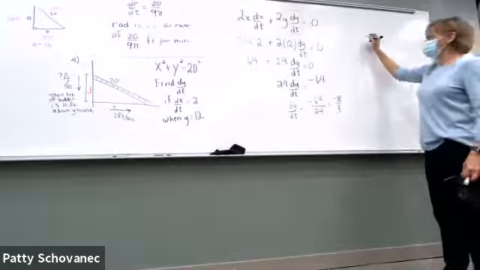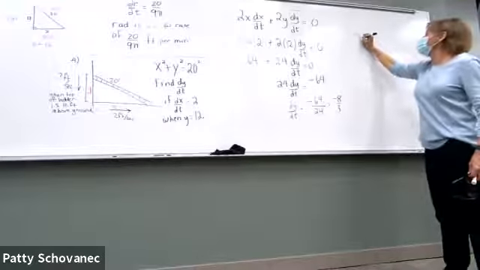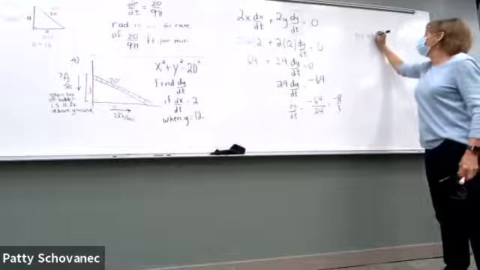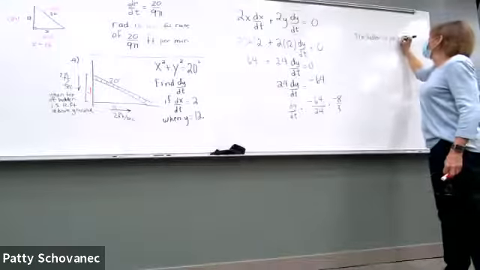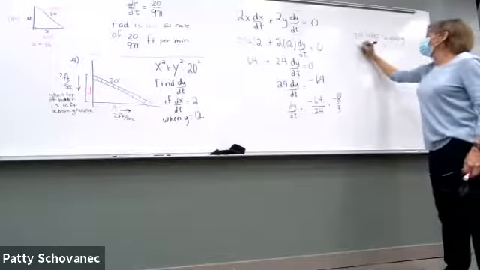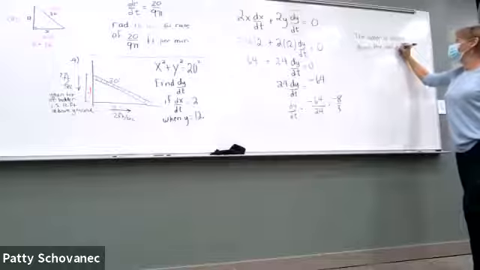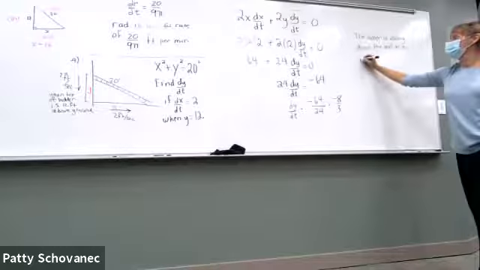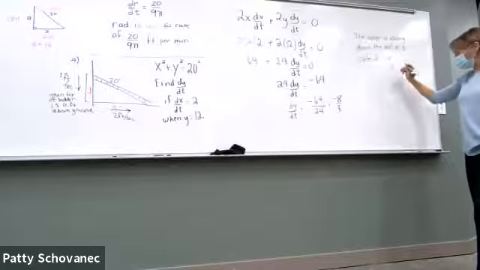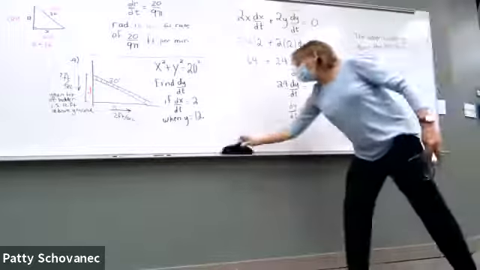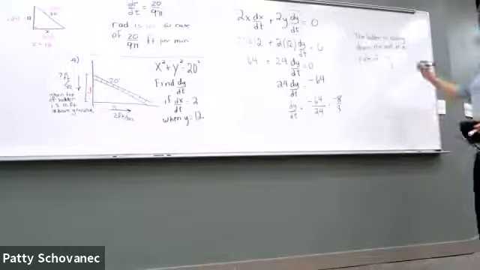So we can interpret the negative sign as the top of the ladder coming down the wall at a rate of -8/3. I guess we don't need the minus if we say it's coming down: 8/3 feet per second.